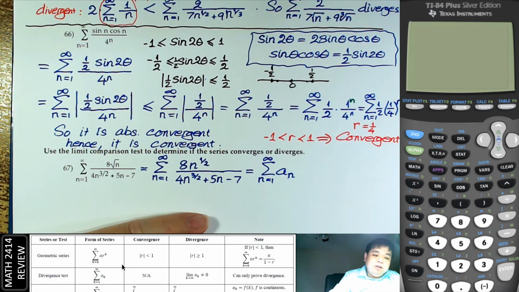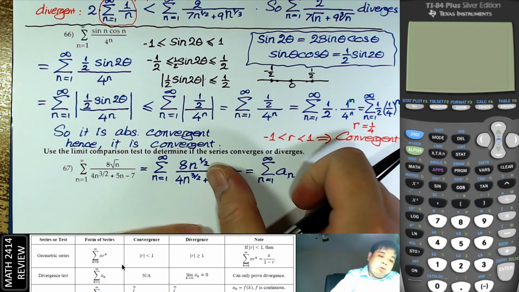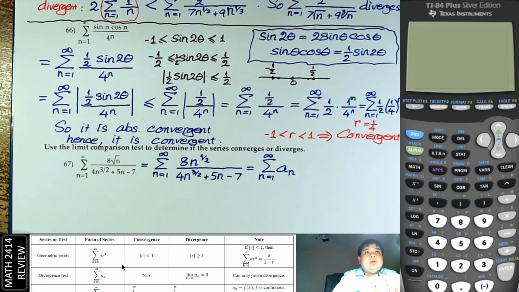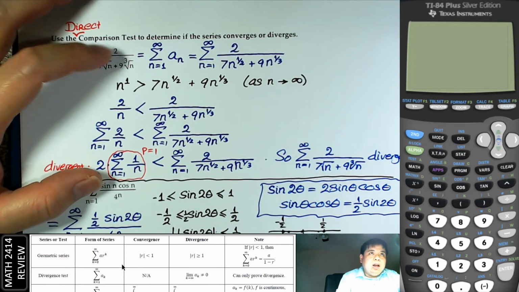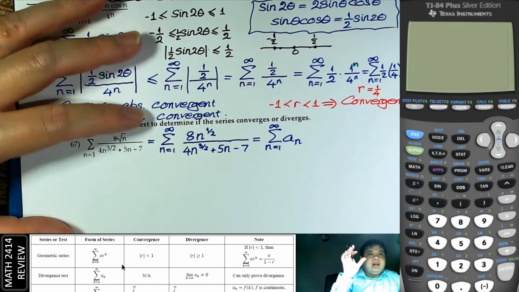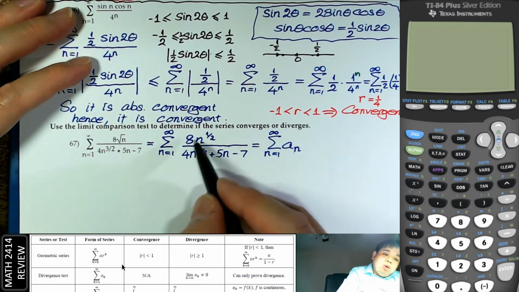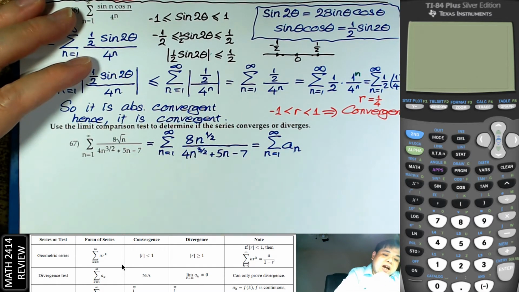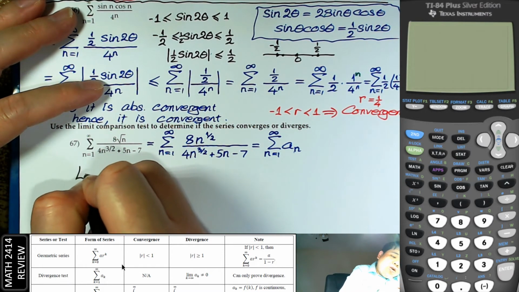Now the second series is what we choose, and whatever we choose is going to be the one with the highest power on the top and the bottom. So for the limit comparison test, when we see the problem, it is pretty obvious. We have more than one term on the top or more than one term at the bottom. What we compare with is just the one with only the highest term on the top and the highest term at the bottom, right? So this is what we're going to compare to.